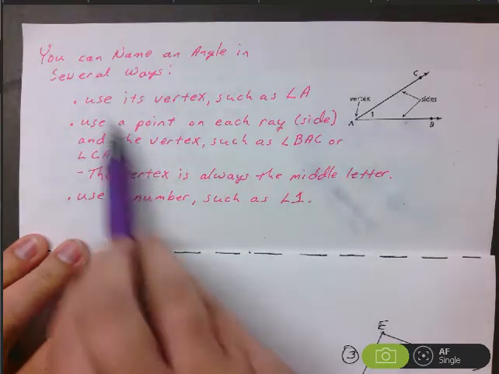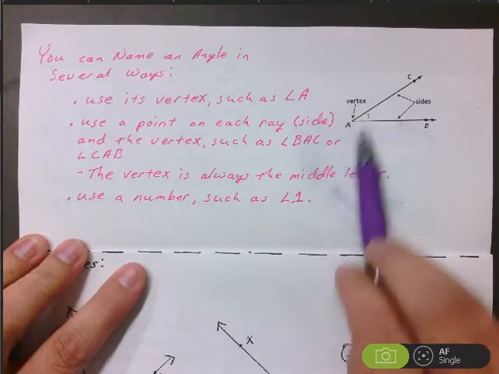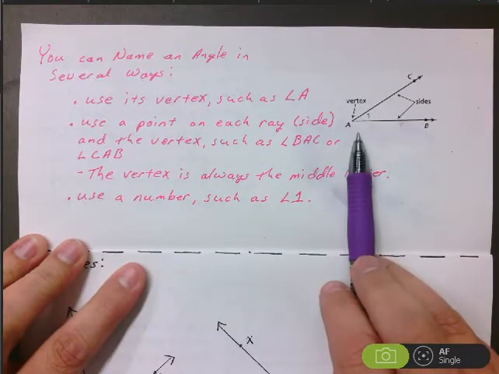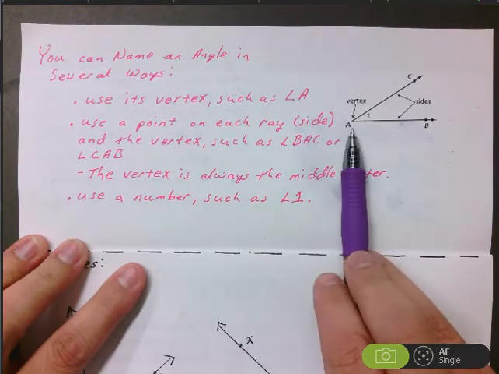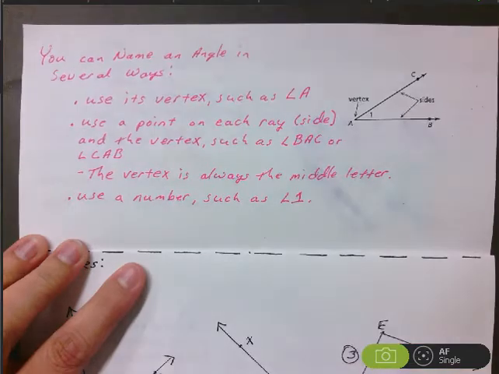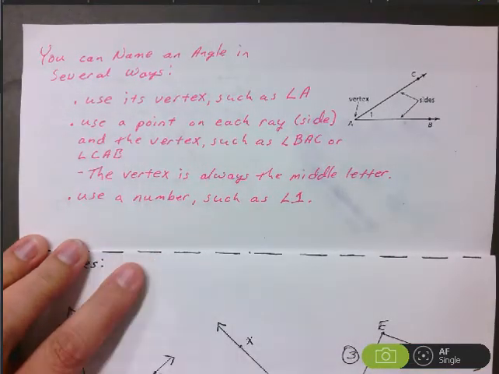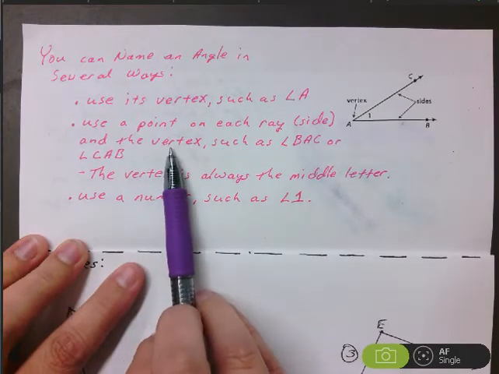So the three different ways we can do it, we can start out first, we can use the vertex. So if there's only one angle that has that vertex, we can just use that letter. So we could say this is angle A. There's only one angle there, so I can use just the vertex. The other way is to use 3 points. We can use 1 point on each of the rays and the vertex.